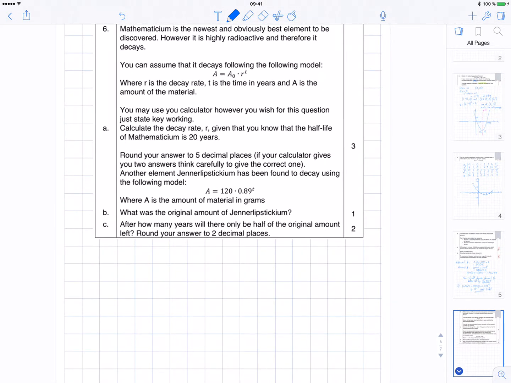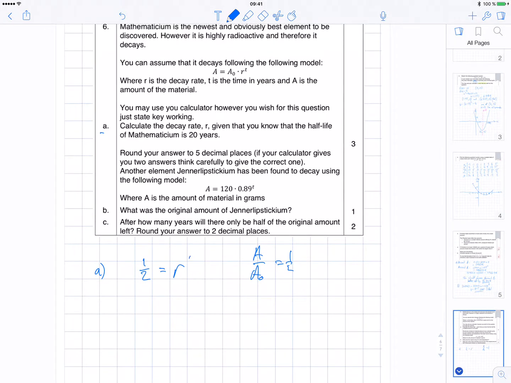Question 6. Calculate the decay rate, given that you know that the half-life of mathematics is 20 years. So all you have to do for this one is say half is equal to r, the decay rate, because note that a over a naught is equal to r to the power of t, and t is 20.